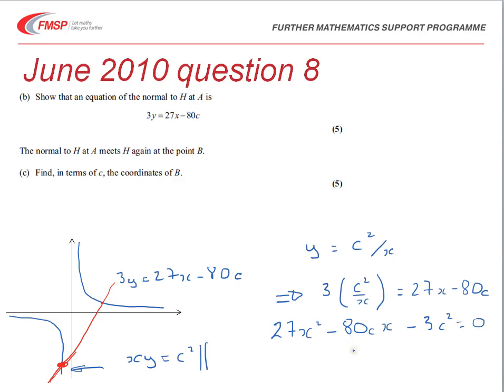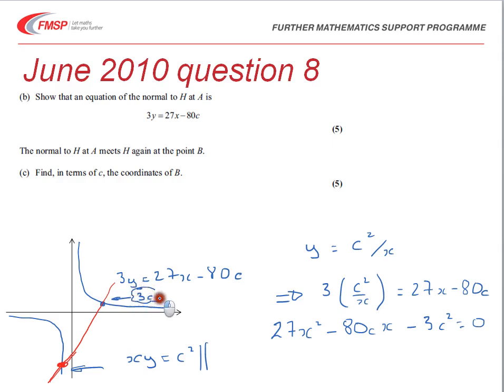Now we've got to find the roots of this, in other words the points where it's equal to 0. Now you may find that the factorization there is a little bit tricky maybe. However, remember that we do know that the x coordinate of this point here is actually equal to 3c.